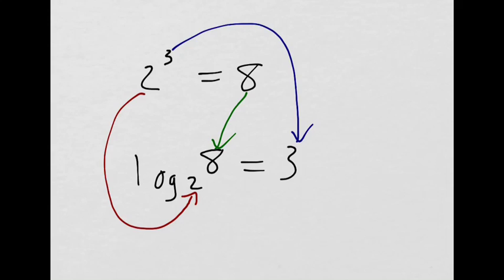All you're really doing when you're working with logarithms is taking an exponential equation and reordering it, changing the location of different things. And this makes some potentially difficult exponential equations solvable, which you'll learn about later on.